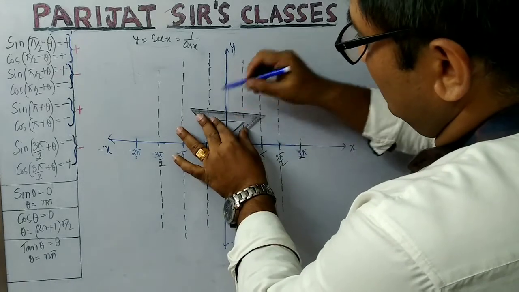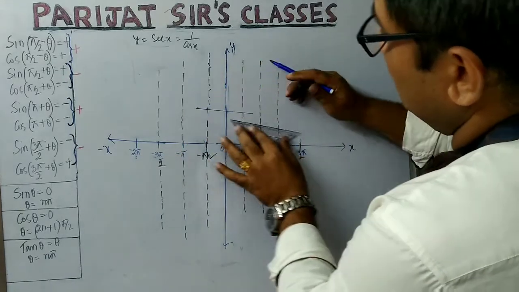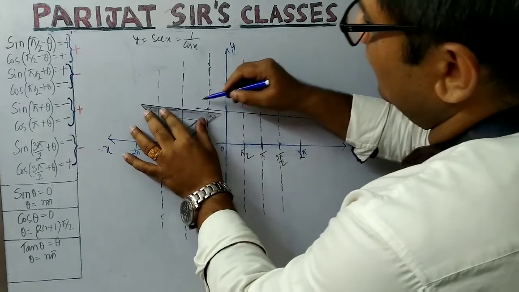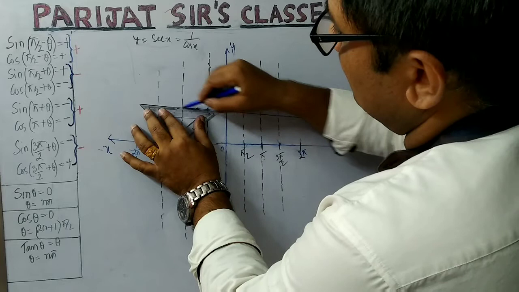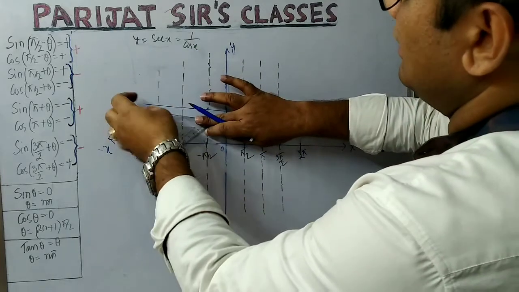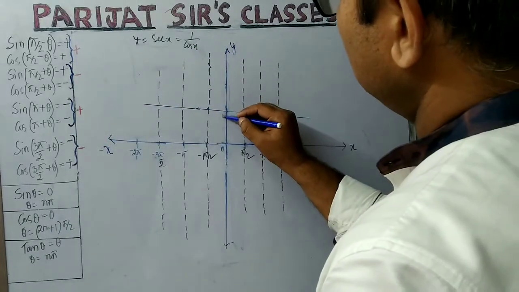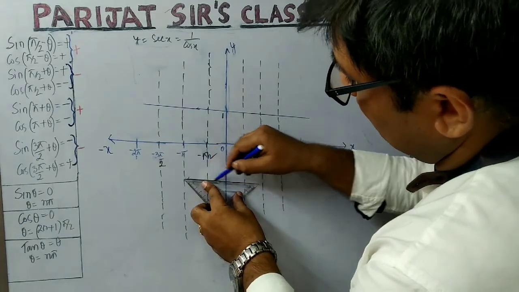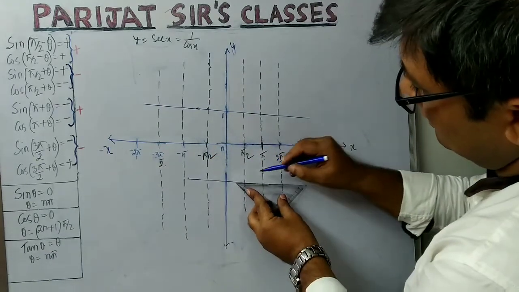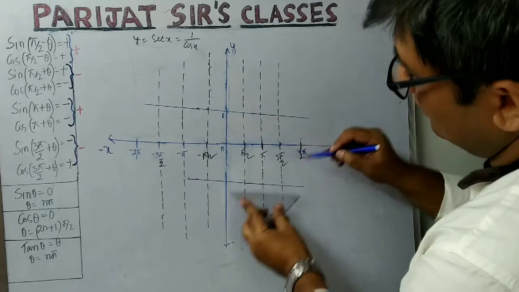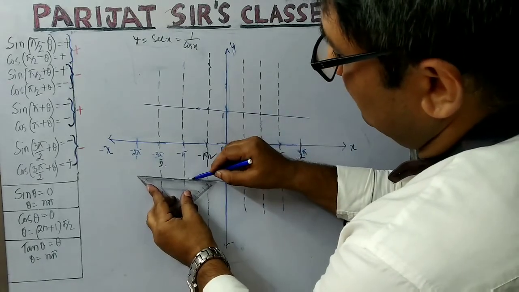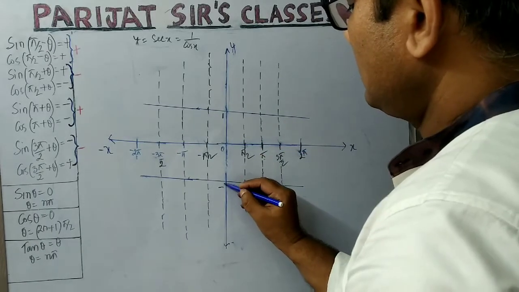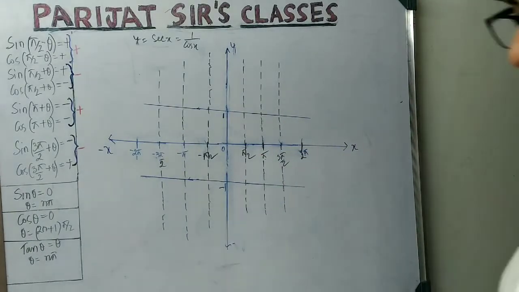This is the y equal to 1 line. And here is the y equal to minus 1 line. I'll explain why I am drawing this. So this is y equal to minus 1.